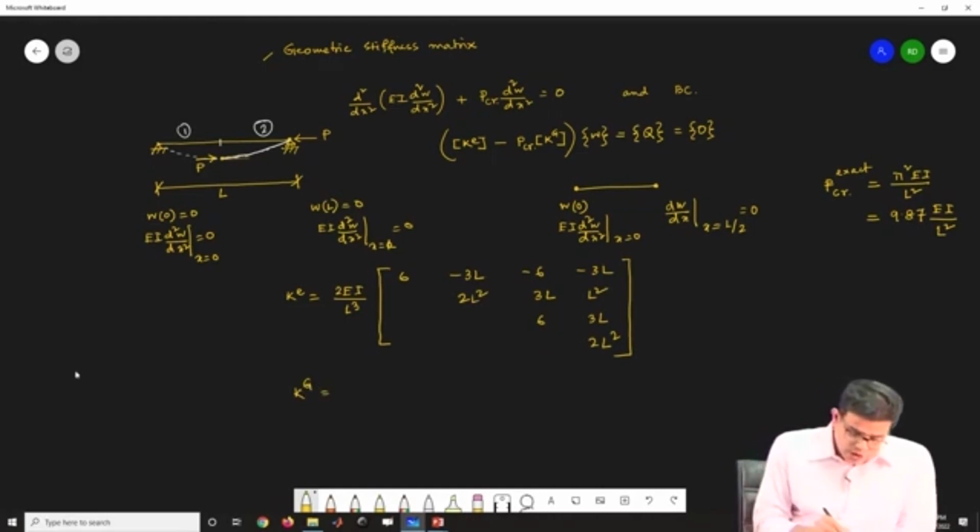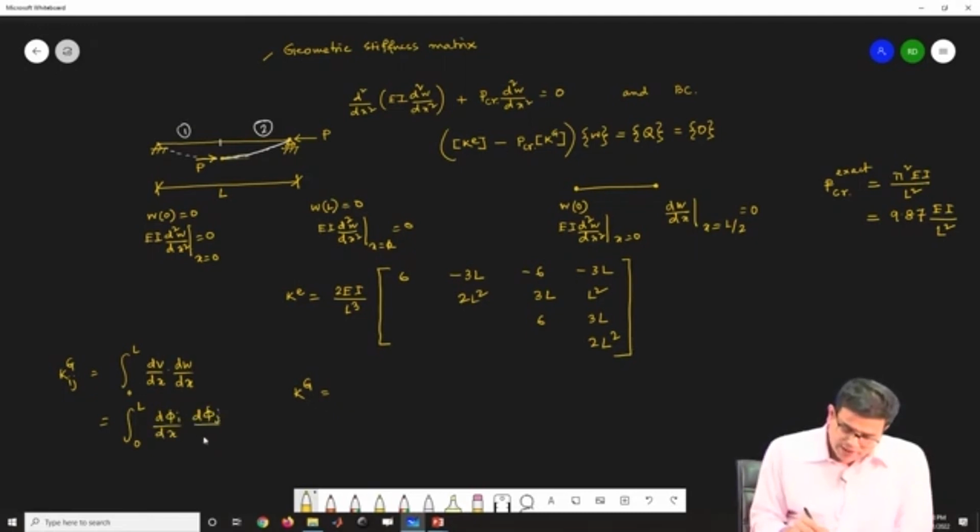Kg is also something we have derived in the last class. So the Kg ij is essentially the integral from 0 to L of dV dx into dw dx. Or if I write it in terms of shape functions, that is d phi i dx, d phi j dx into dx.